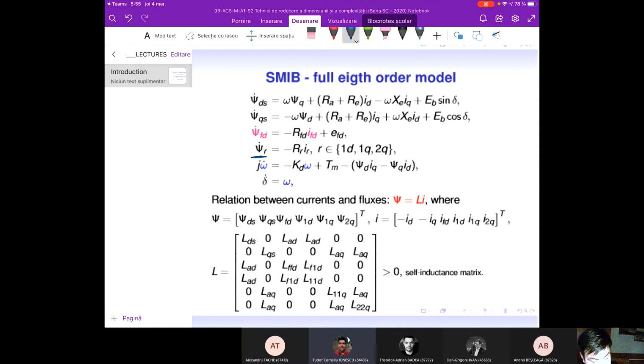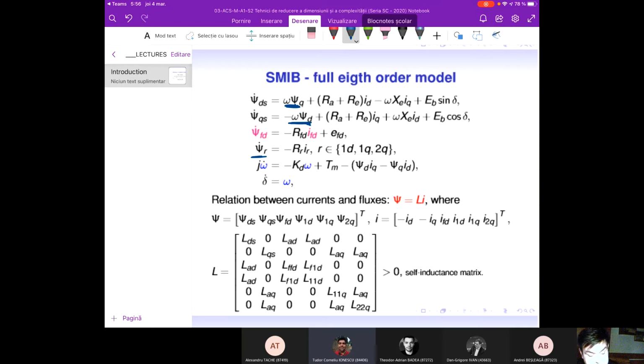Here you've got 3 equations for this. It may look simple, but it's not, because you have coupled variables through polynomial products, as you can see here. So they are not easy at all.